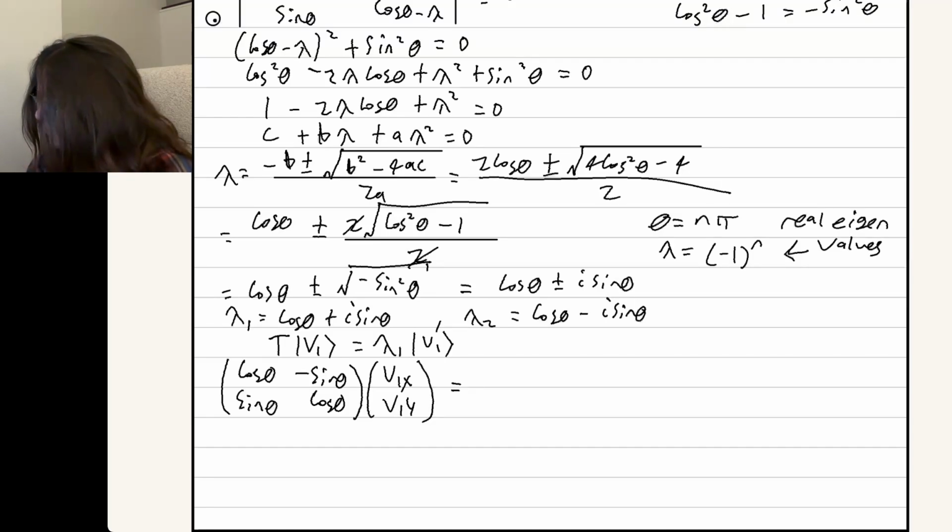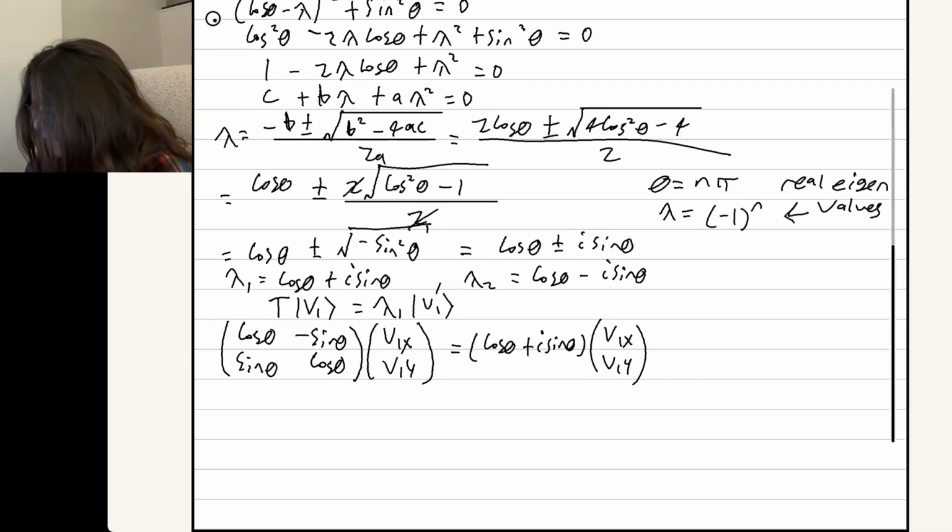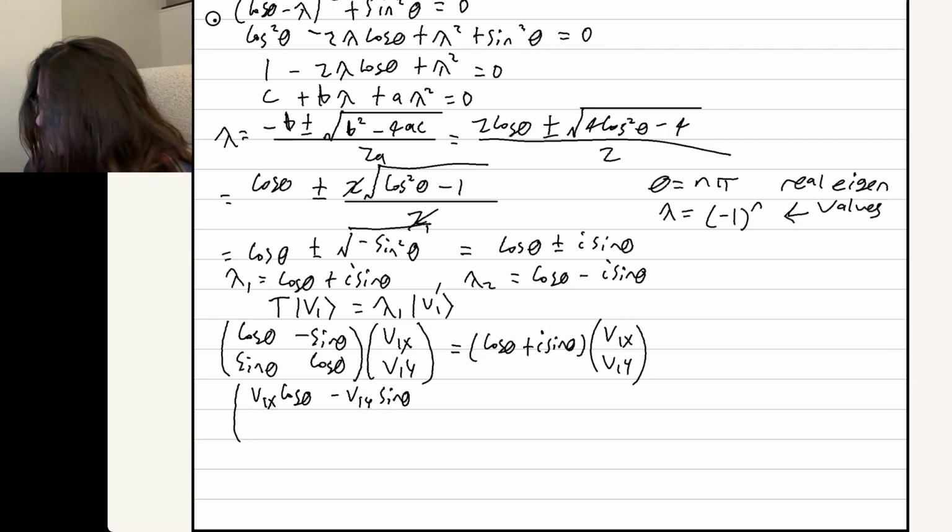And then we know that lambda 1 is cosine theta plus i sine theta. And then the column vector is v1x, v1y. On the left-hand side, we'll do the matrix multiplication and get v1x cosine theta minus v1y sine theta for the first element, and then the second element will be v1x sine theta plus v1y cosine theta.